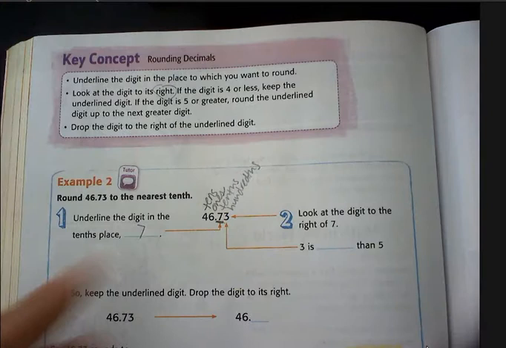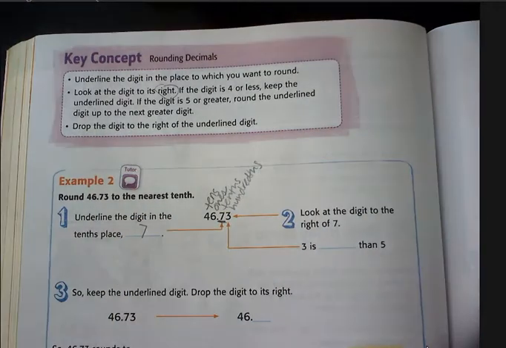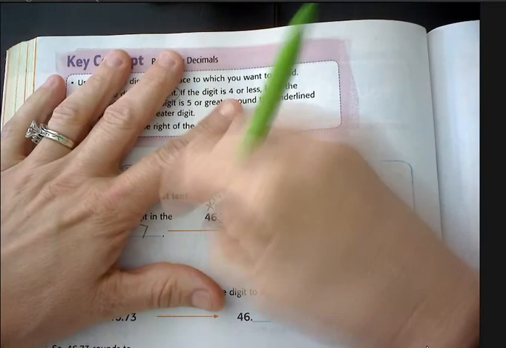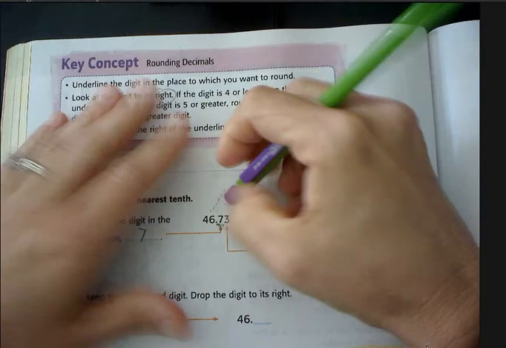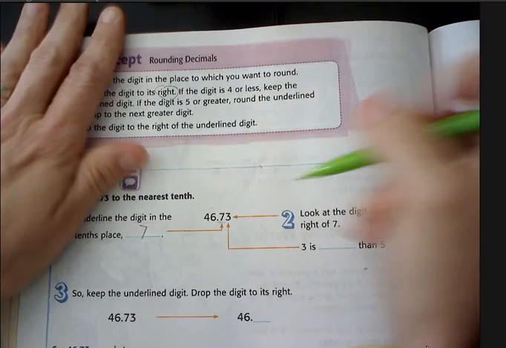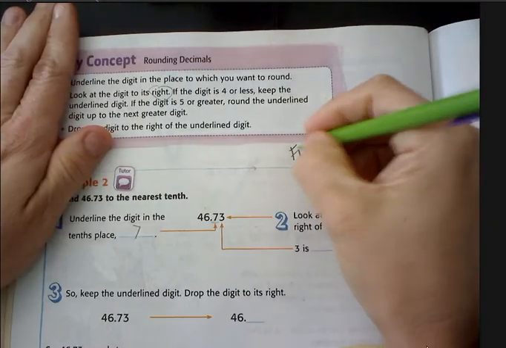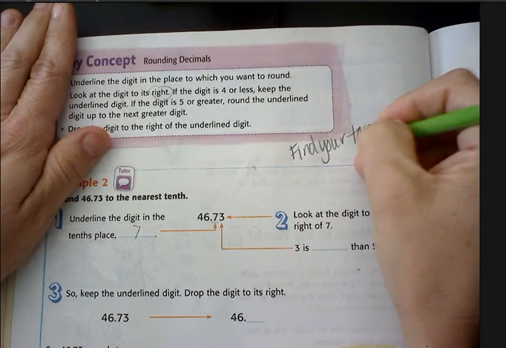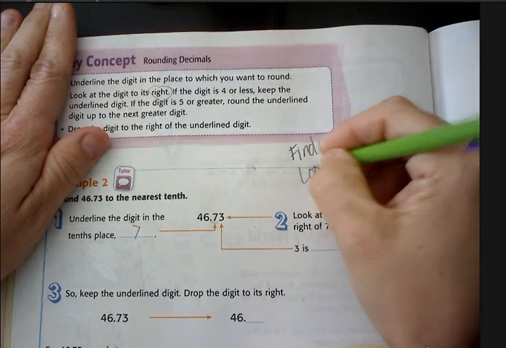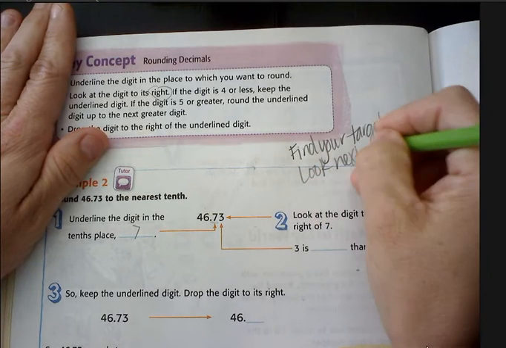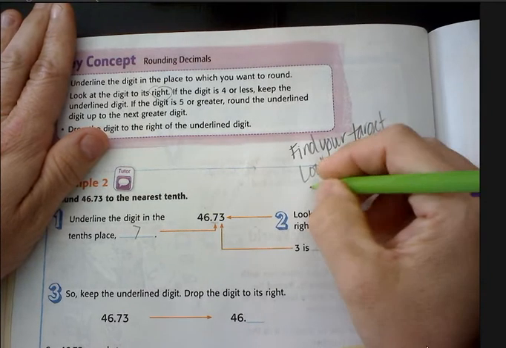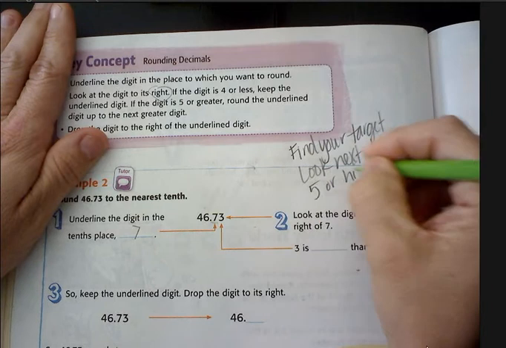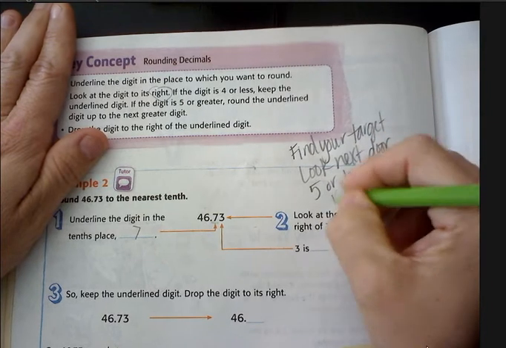It said round to the nearest tenth. So we found our target. I like to do this way of remembering. It's find your target, look next door, 5 or higher, raise the score.